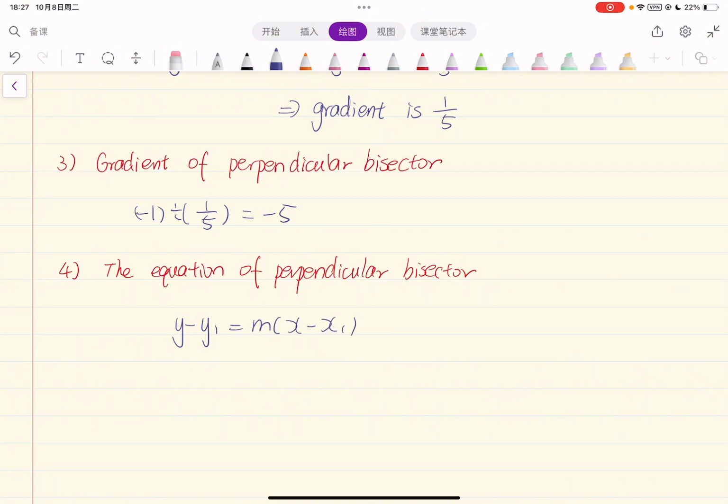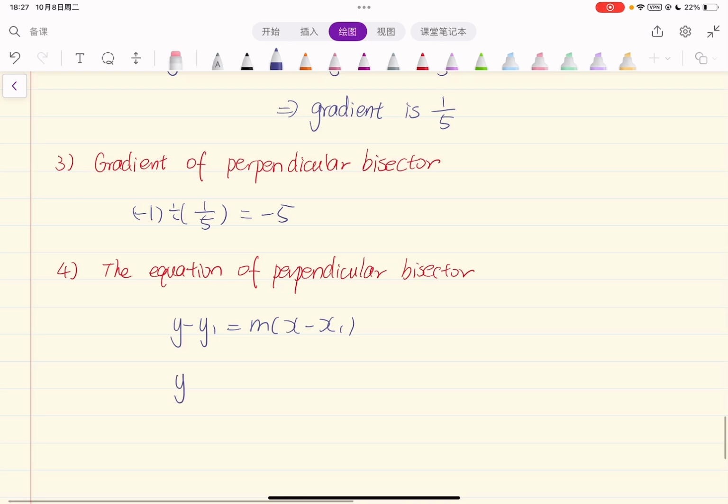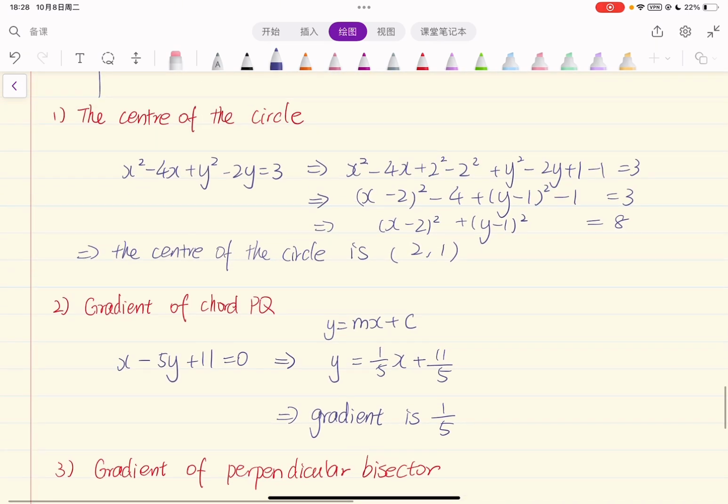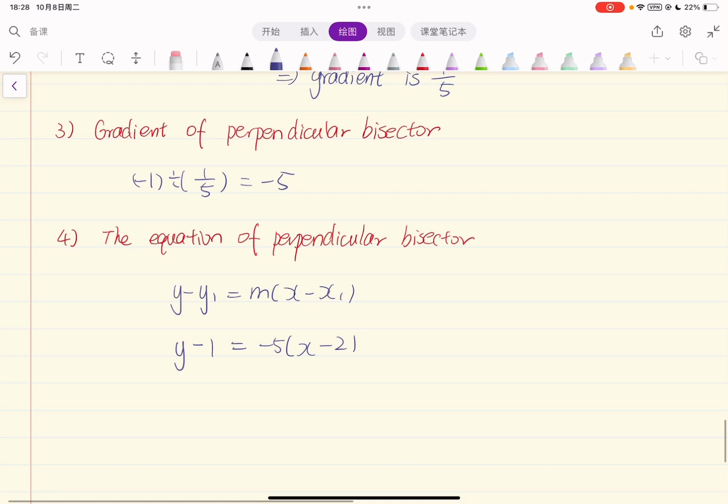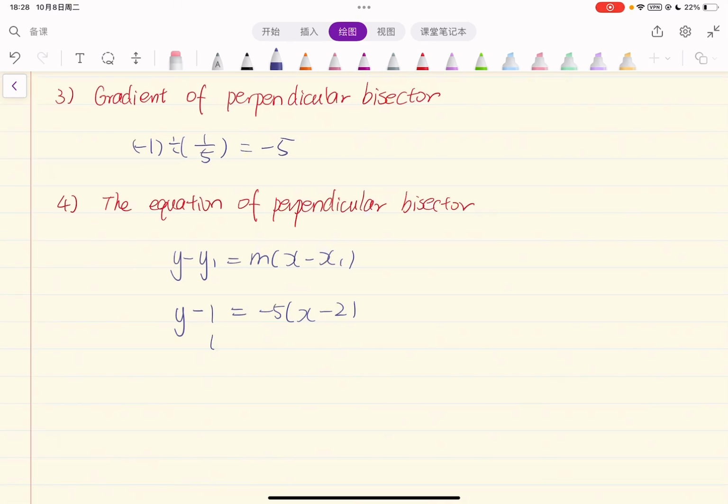The center is 2, 1, so we have y minus 1 equals minus 5 times x minus 2. So we have y equals minus 5x plus 10, and moving the 1 over, that is plus 11. That is the solution.